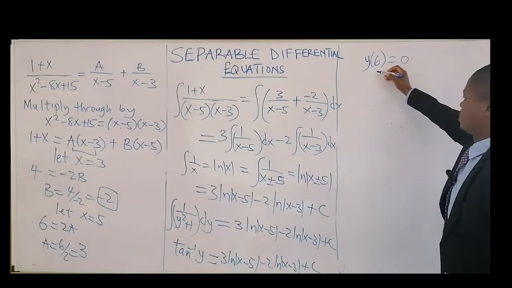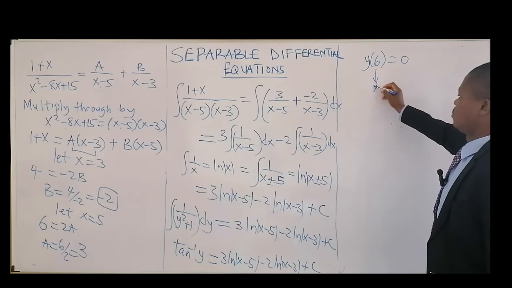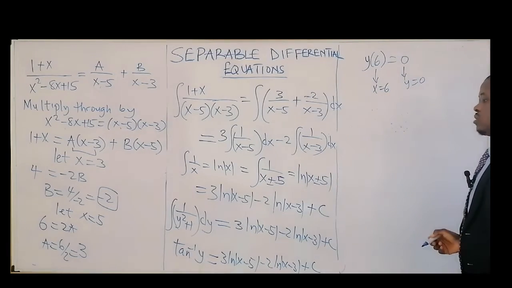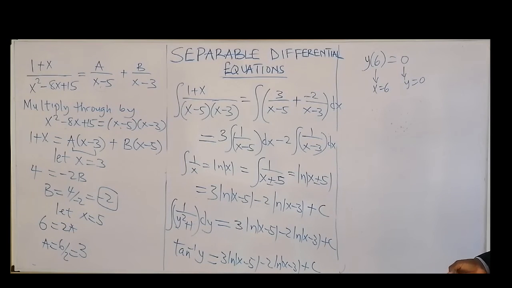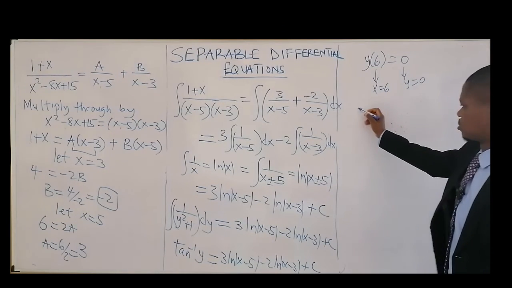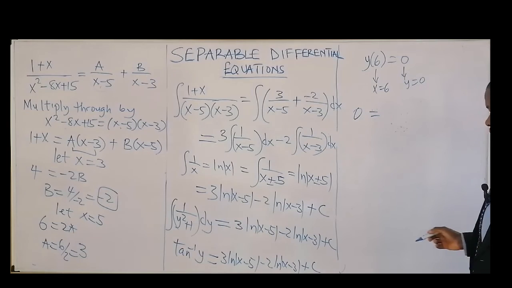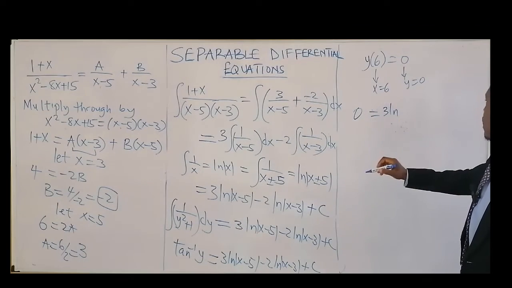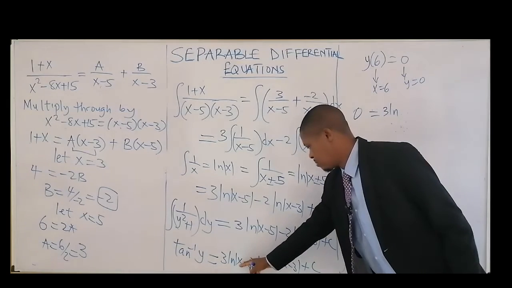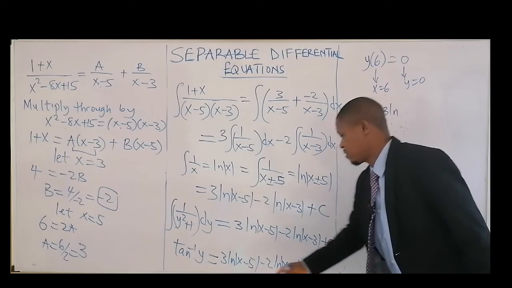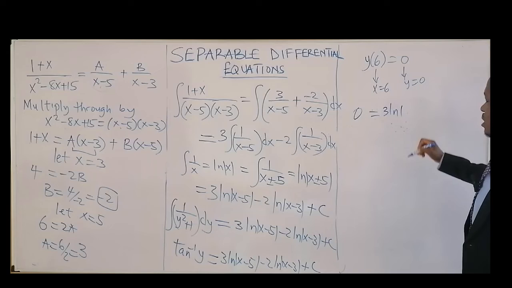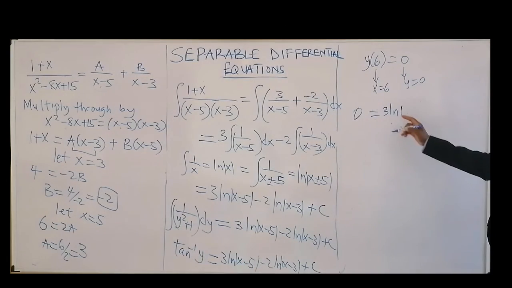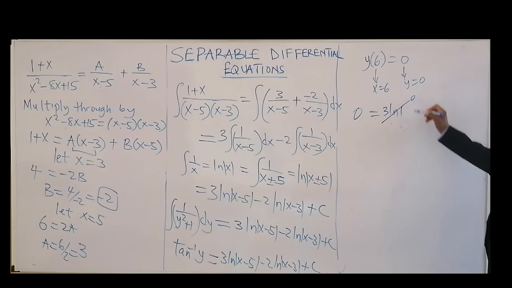Okay, we have a boundary condition y of 6 equals 0. So this implies that when x is 6, y is 0. Okay, so let's plug that in. So that will be arctan 0, which is 0, equal to 3 ln(6 minus 5). That's ln 1, 6 minus 5, that's 1. So ln 1 is 0.